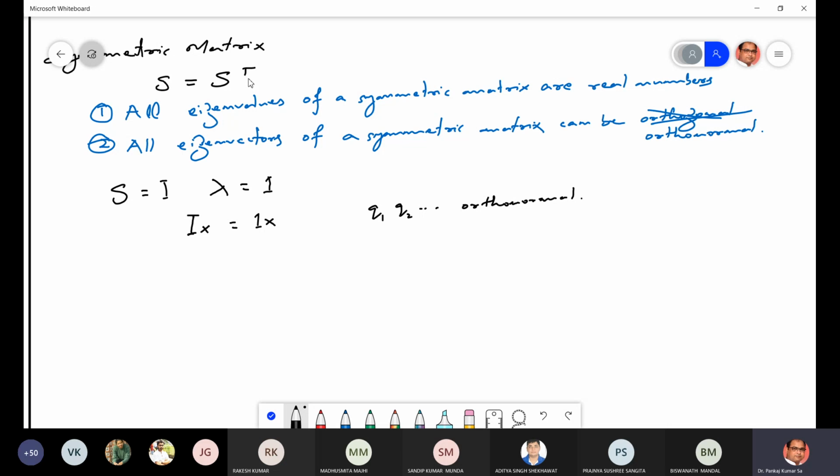So the famous equation that we wrote above, A is equal to S lambda S inverse, can now be written as A is equal to Q lambda Q inverse. That's right.